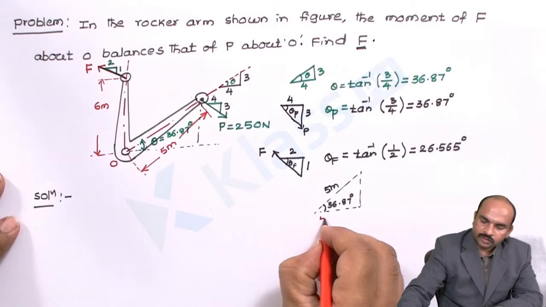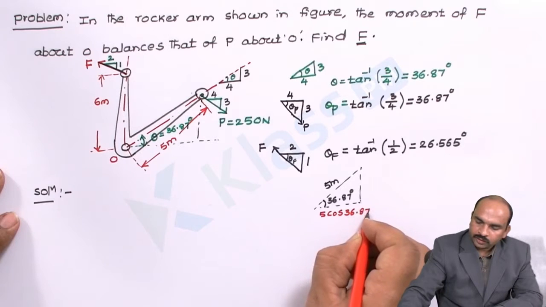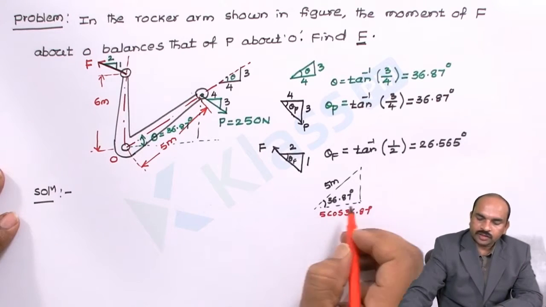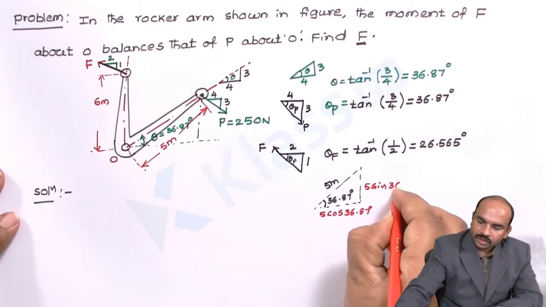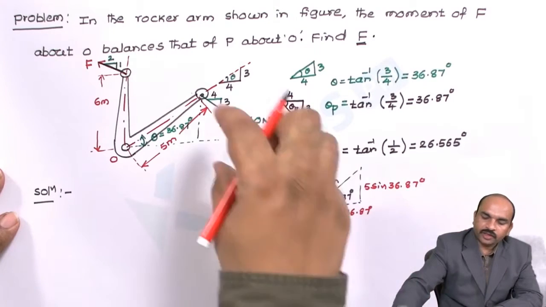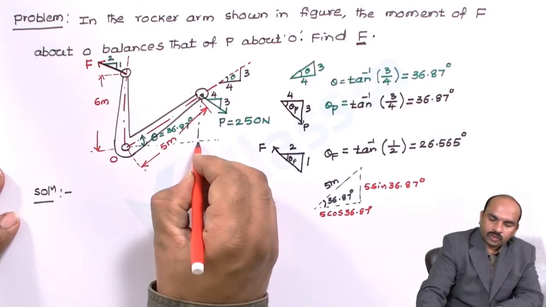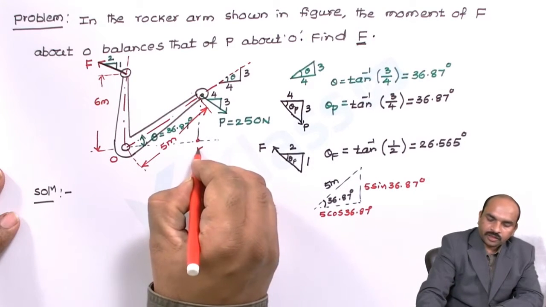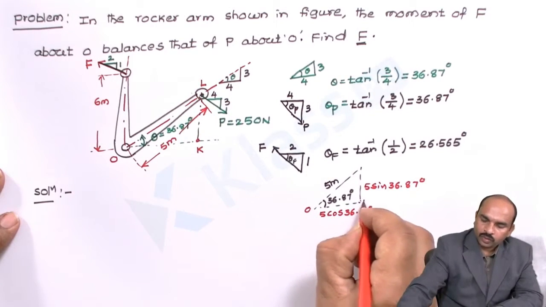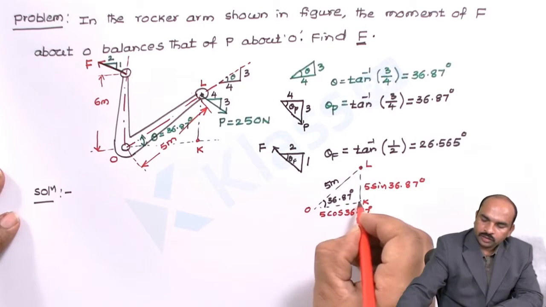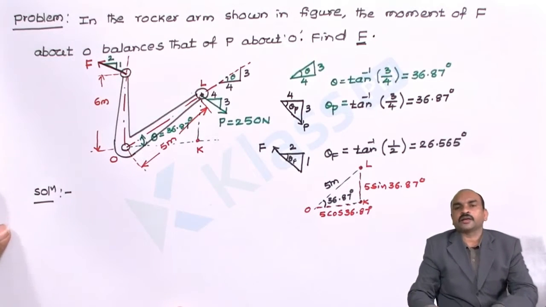So now this length is 5 cos 36.87 degrees, the horizontal distance, and this is 5 sin 36.87 degrees, the vertical distance. So let us name this point as O, and this point let us say K, this point let us say L. So this point is O, K, L. So O, K, L is a triangle, you can see in the diagram.